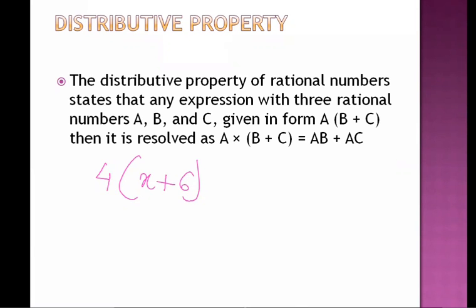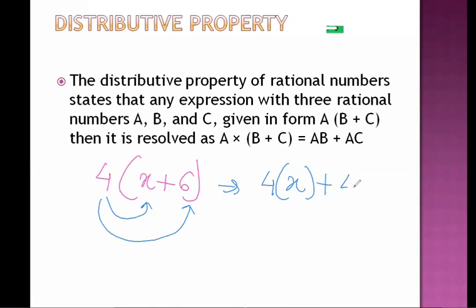So how will I solve it? I will first multiply 4 with X, then I will multiply 4 with 6. So how will I write this? 4 multiplied by X plus 4 multiplied by 6, which gives you 4x plus 24.